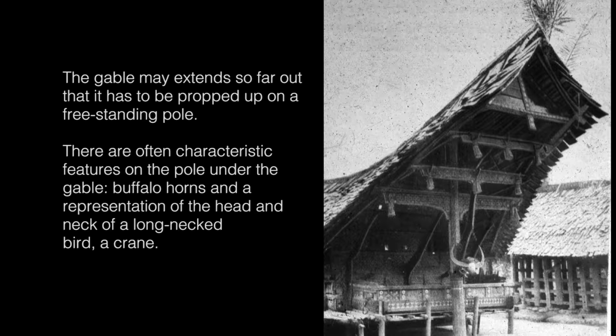What is very characteristic is that the overhanging gable is actually propped up on a pole that is outside the building because it extends so far out. And also that there are some characteristic features on the pole and that related to the gable, of which you can see here two rather clearly.